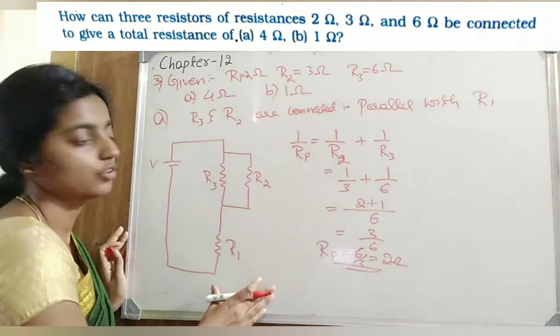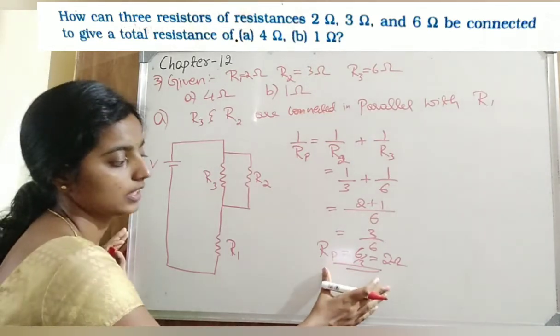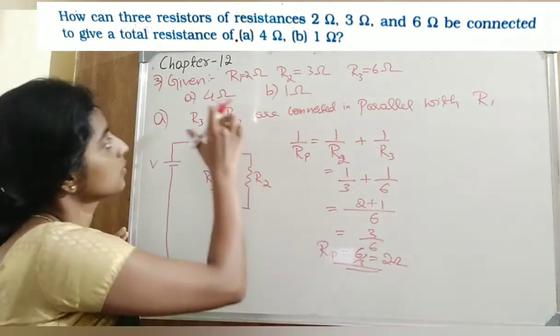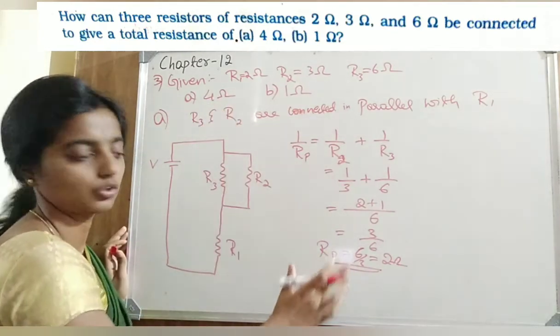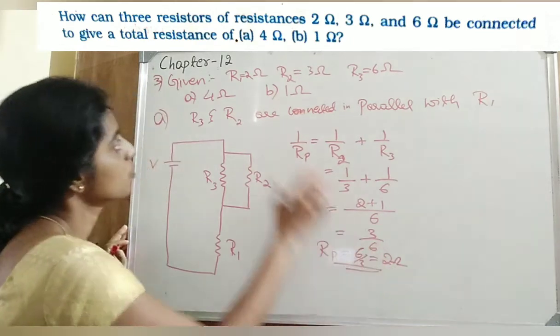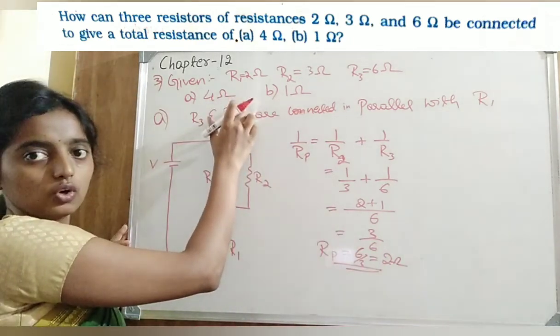See, if they give you this type of problem, you need to calculate before making all these things, so that if you get the correct answer we can continue. So how much did we get? Rp is 2 ohm. So what is our expected value? 4 ohm.